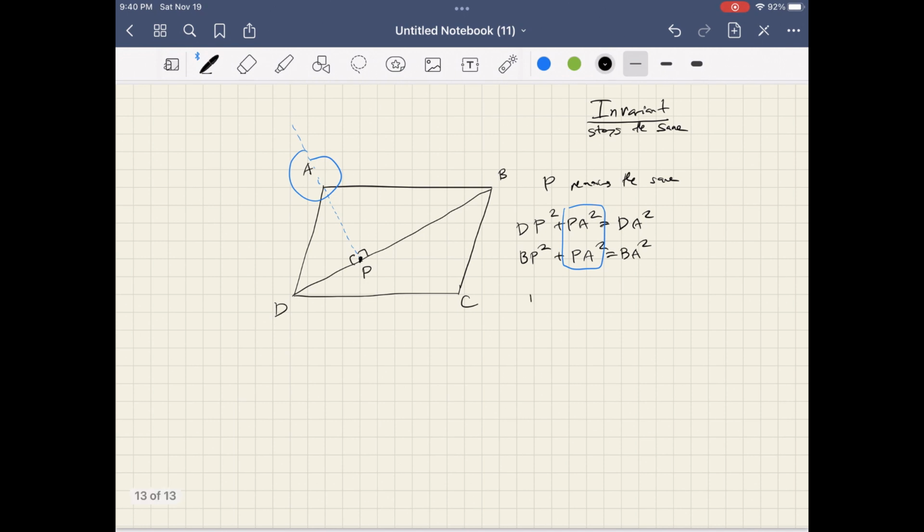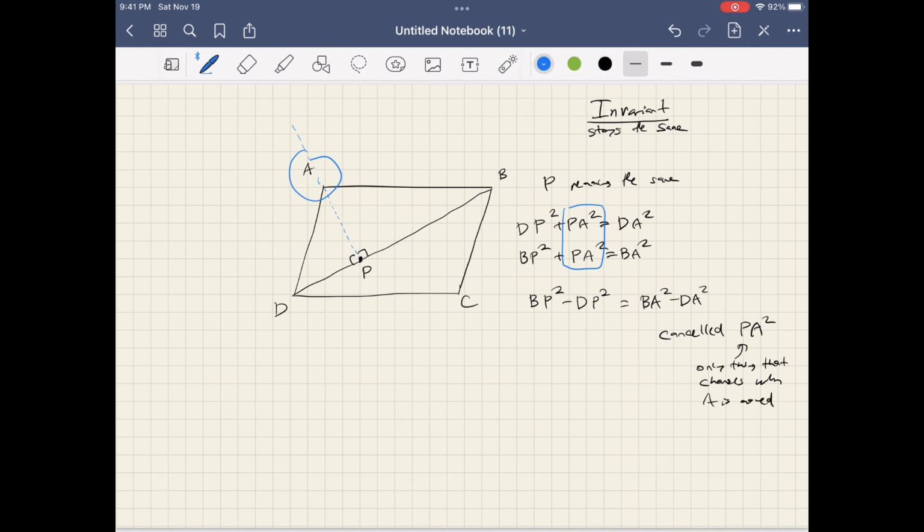So you'll basically get something like BP squared minus DP squared equals BA squared minus DA squared. And now we've done something that's pretty cool. We've canceled out PA squared, and PA squared is one of the only things that changes when A is moved.